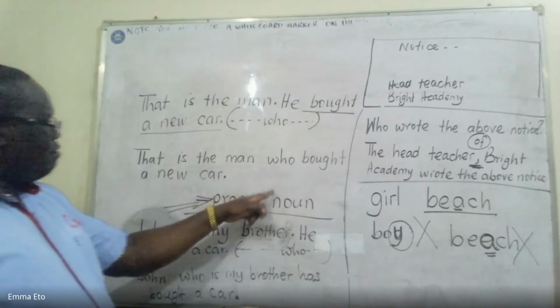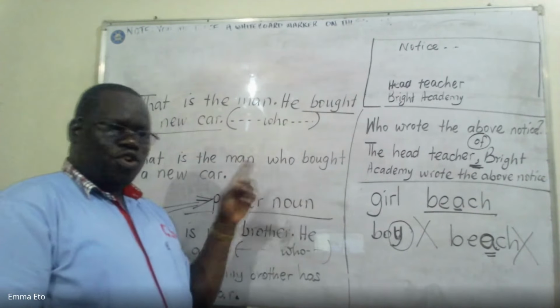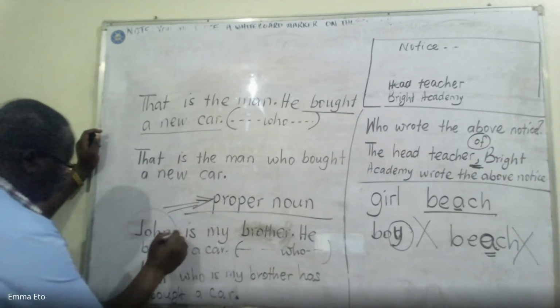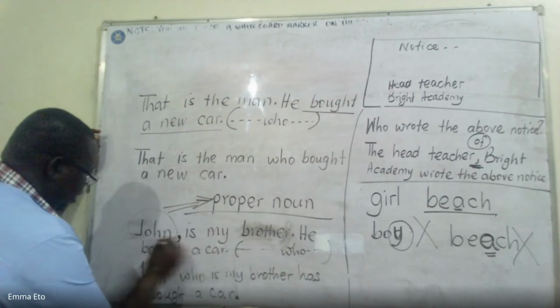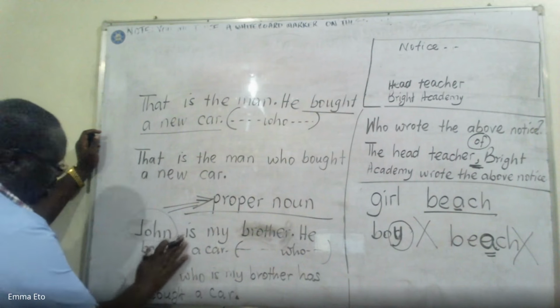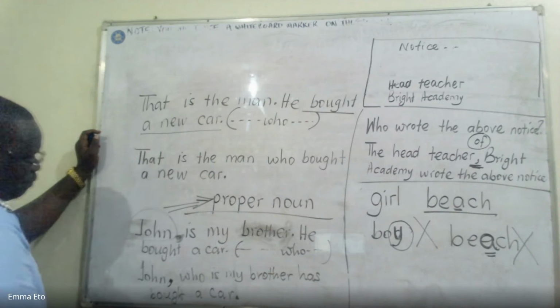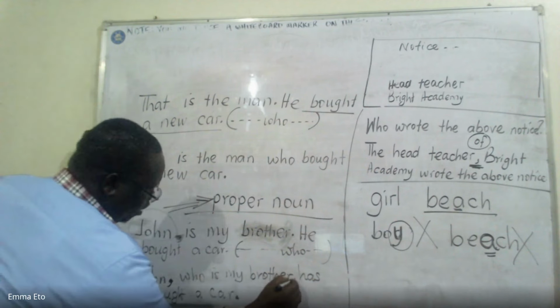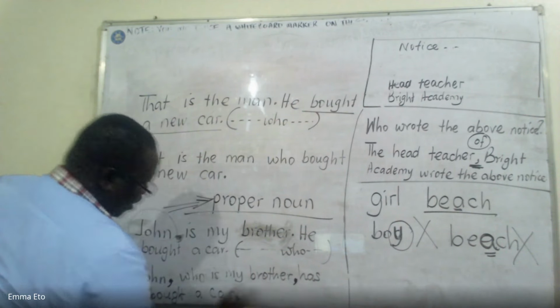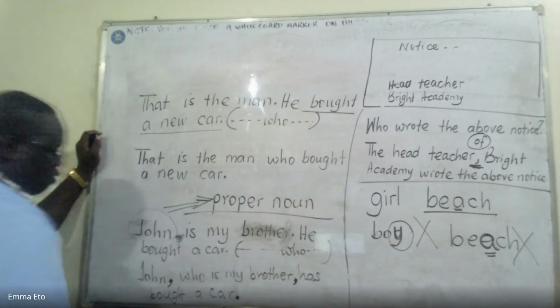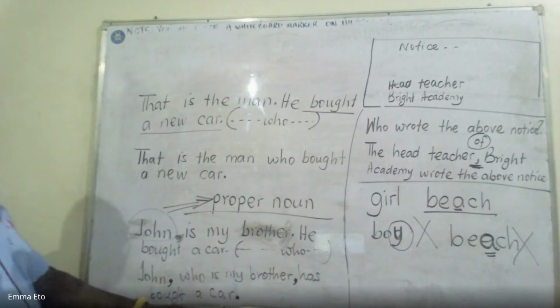So when you have a proper noun, don't forget commas. So I'll say John, comma, who is my brother, has bought a car. Full stop.